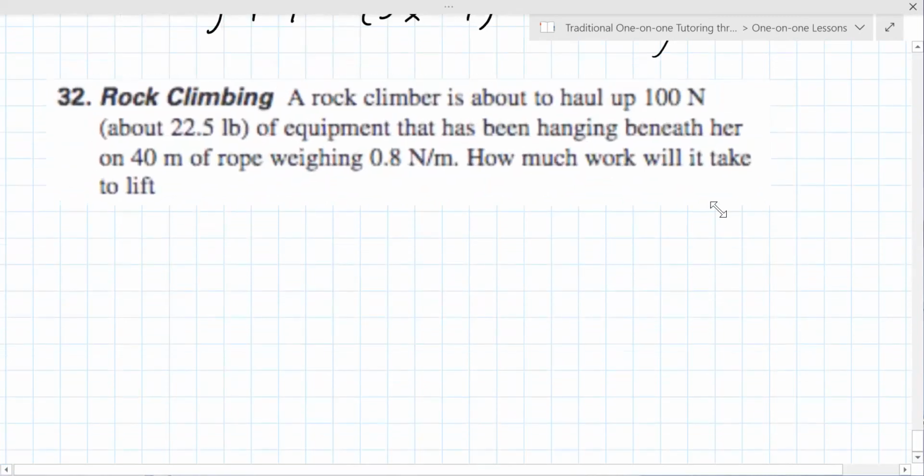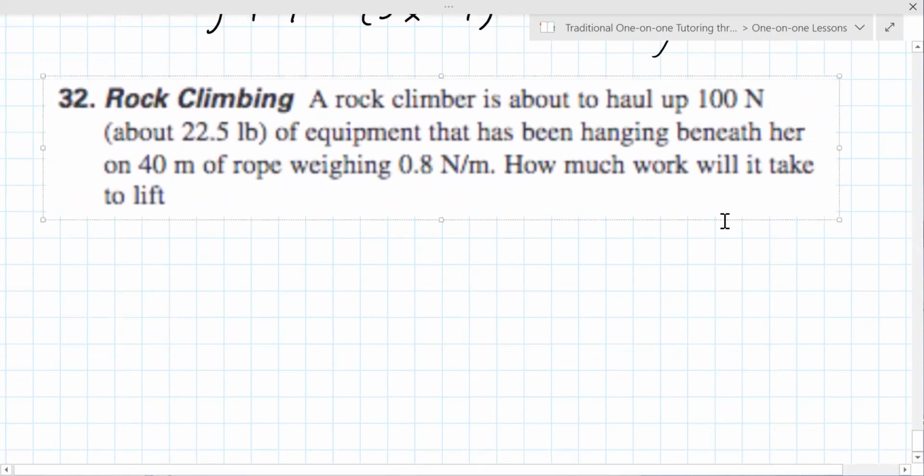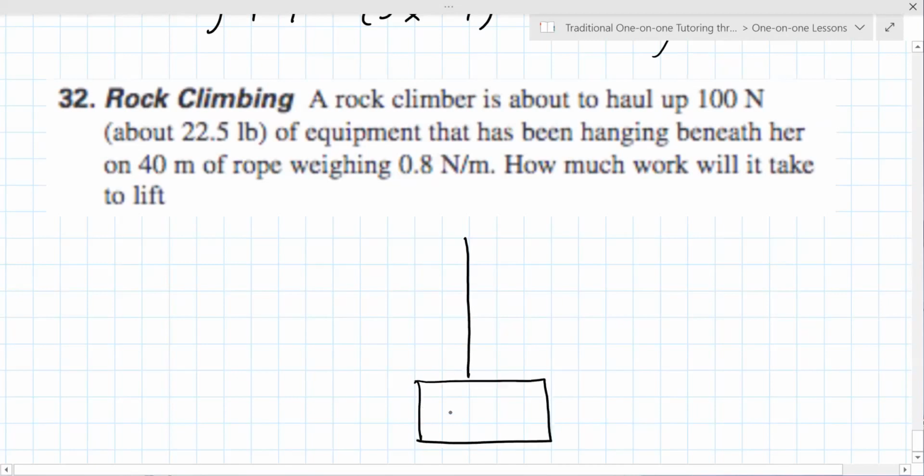Okay, so a rock climber is about to pull up 100 newtons of equipment that has been hanging beneath on 40 meters of rope. So there's 100 newtons right here, and there's 40 meters of rope, and the rope has a density of 0.8 newtons per meter.